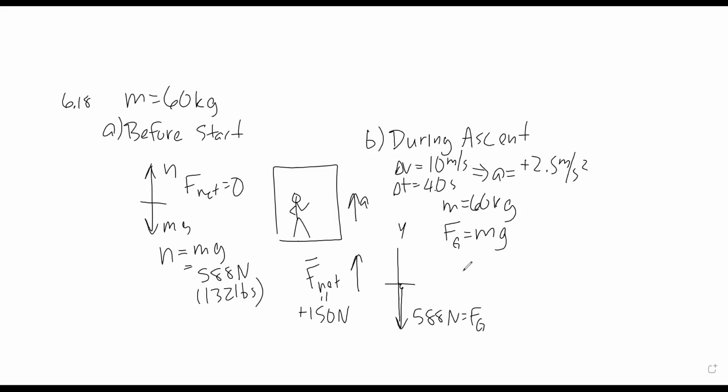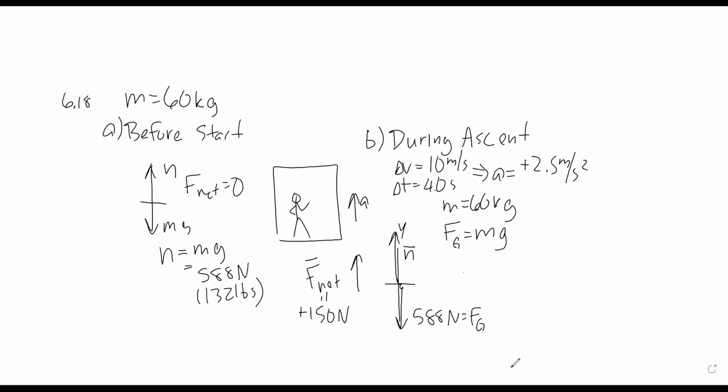If F net points upward, then we have to have a normal force whose magnitude is bigger than gravity. That's the sensation of everything being pushed down on us when we're accelerating upwards in an elevator. This could be that we are accelerating upwards from rest moving up, or we're careening down and then quickly coming to a stop. Both of those would be a positive acceleration.